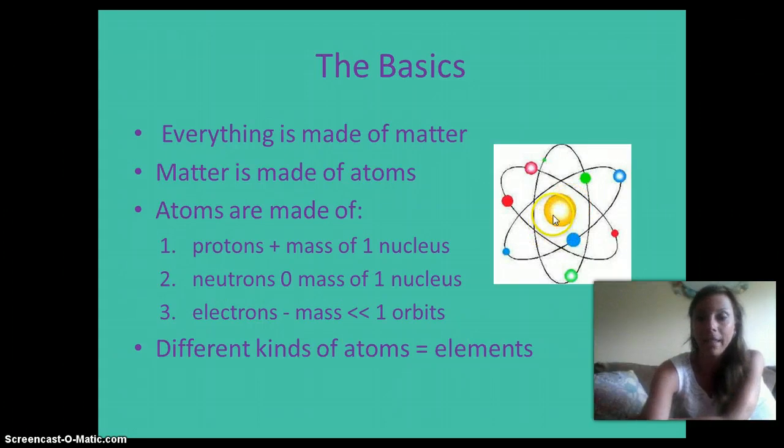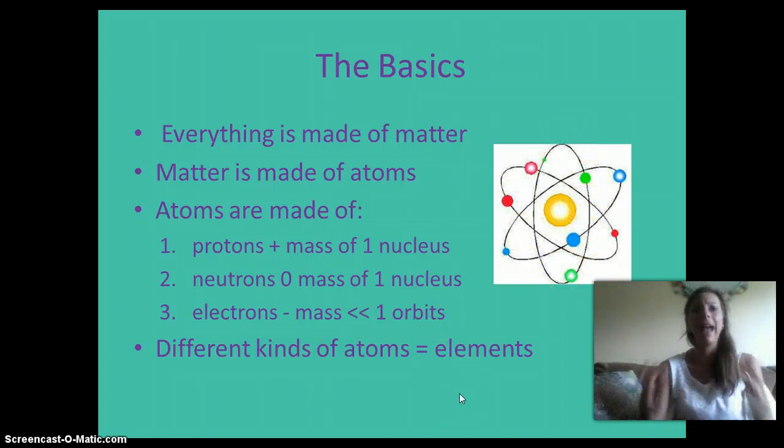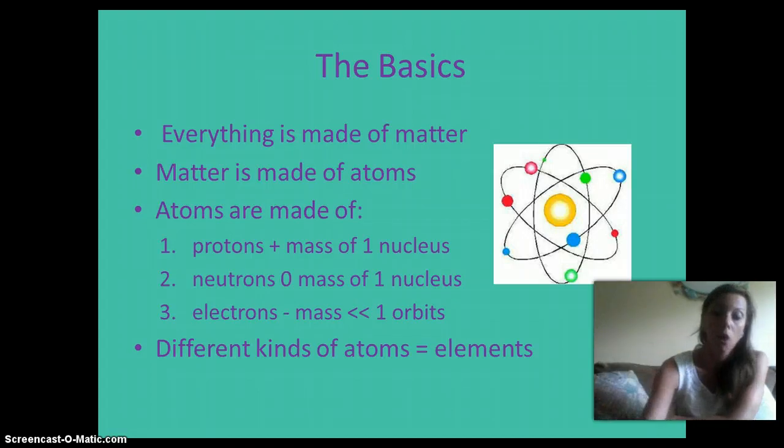The nucleus is the center, and the electrons orbit the nucleus. This is called the electron cloud or orbital. And atoms of a single type put together form an element. So all atoms of one particular type together equals an element.